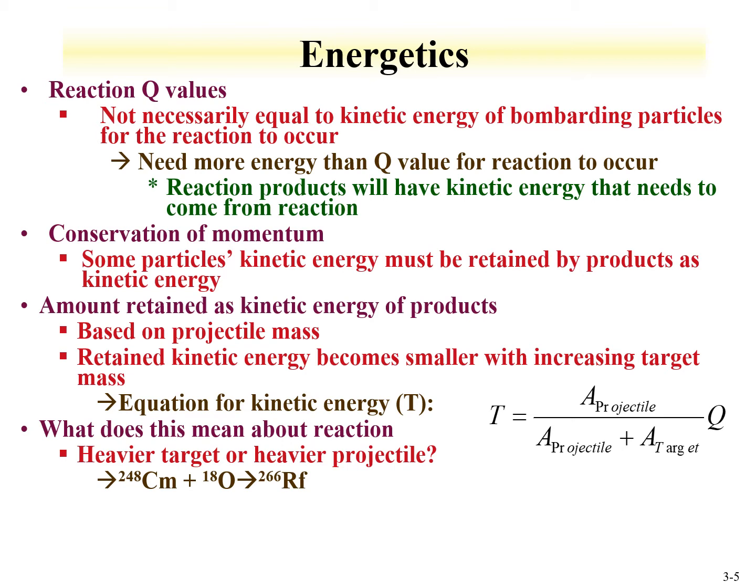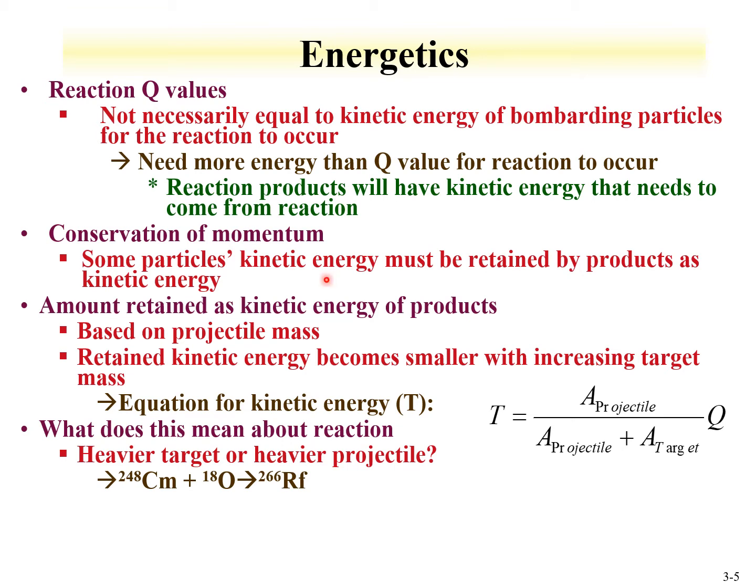The Q value, as we'll see, is a center of mass quantity, and we need to convert it to the laboratory frame. This is due to conservation of momentum. The particle's kinetic energy must be retained as the products' kinetic energy. In other words, not all the energy of the system defined by the Q value is available just for the reaction. Some has to go into moving the resulting products.